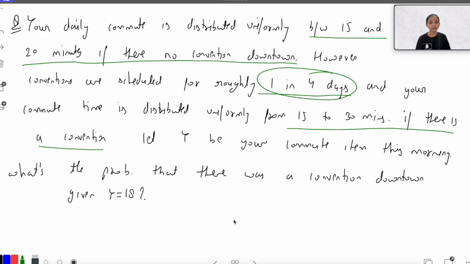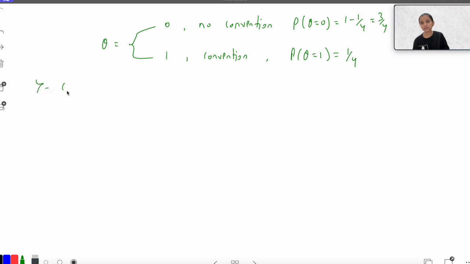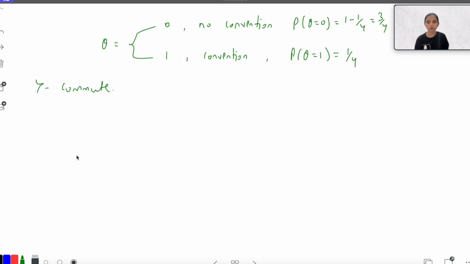Now let's see the next information. Y is your commute. Your daily commute is distributed uniformly between 15 and 20 minutes if there is no convention downtown.